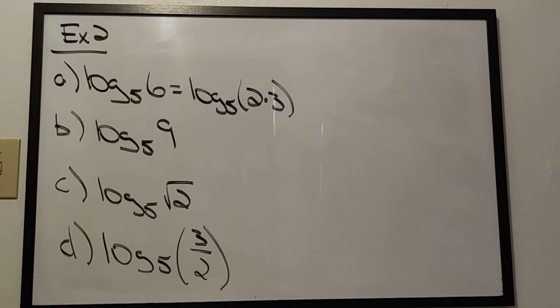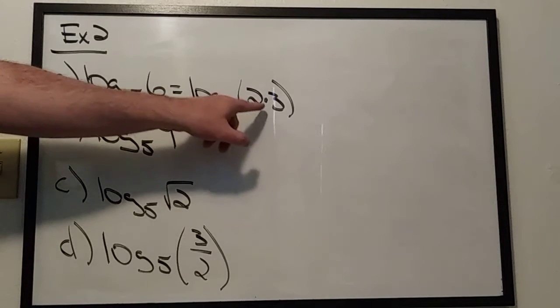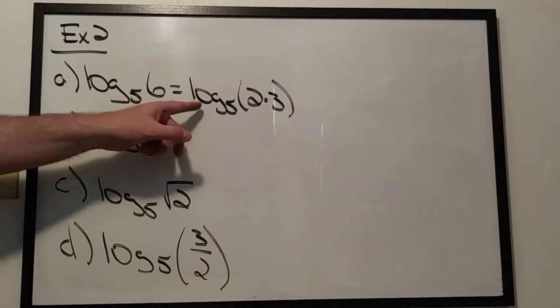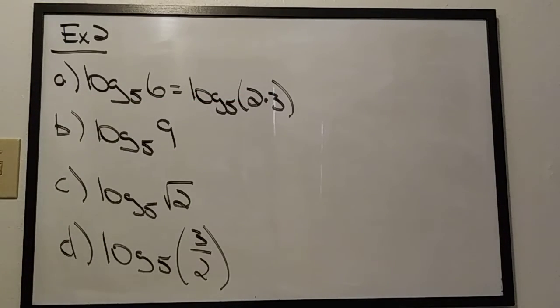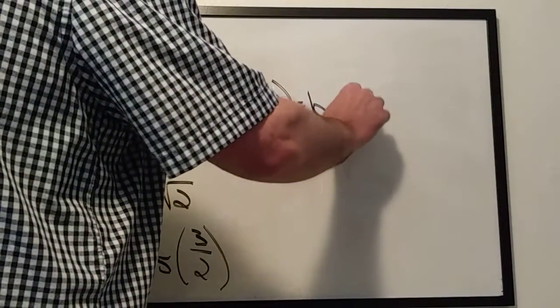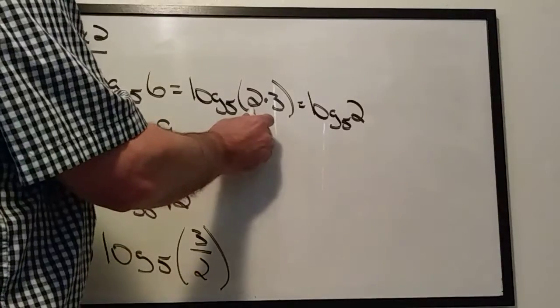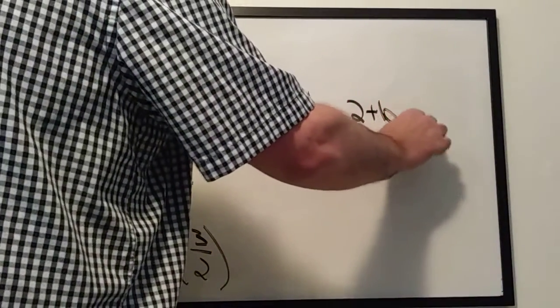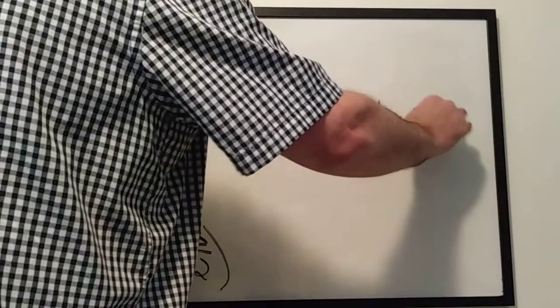So now notice I have a log of a multiplication. We have a multiplication property for logarithms, and it says that if you have the log of a multiplication problem, that's exactly the same as the log of the first piece in your argument plus the log of the second thing in your argument, so log base 5 of 3.